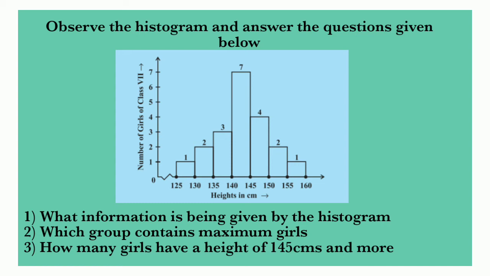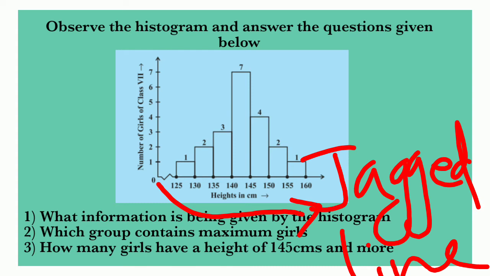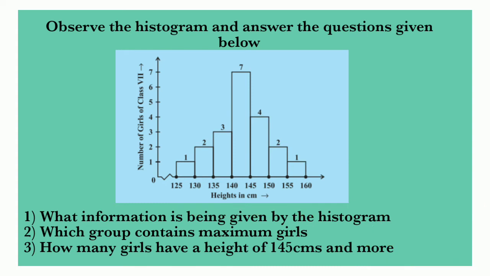That measurement is not given in the question. Therefore there is a curved line, called a jagged line or broken line. So you have to draw a line in between 0 to 125, because that data is not mentioned in the data.